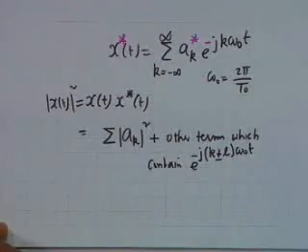Yes, there could be plus also, because k goes from minus infinity to plus infinity, they multiply each other. So it doesn't matter, k plus minus L, let's say, ω0t.